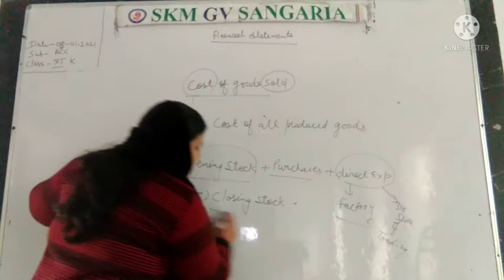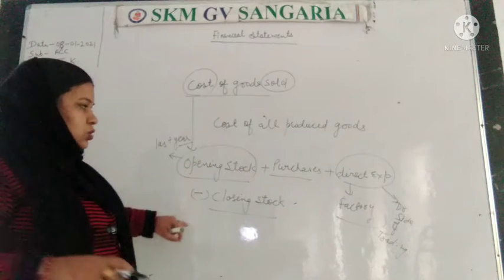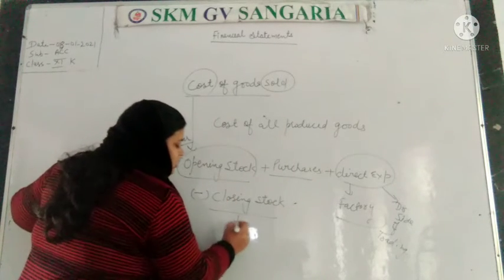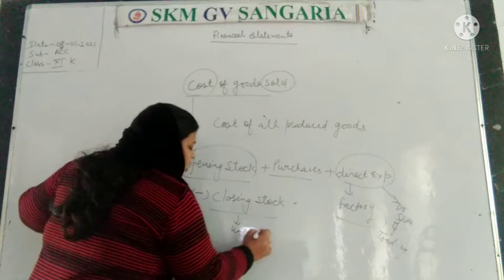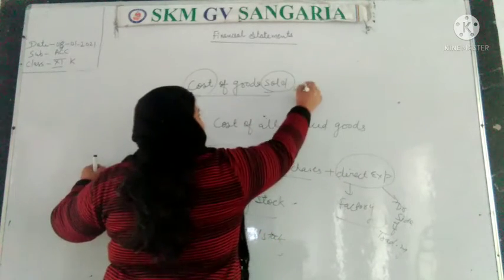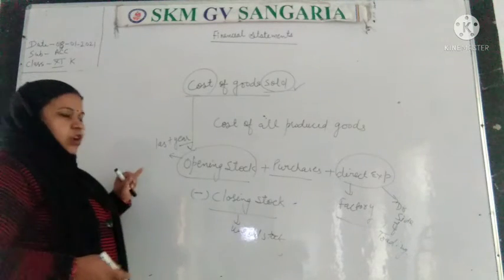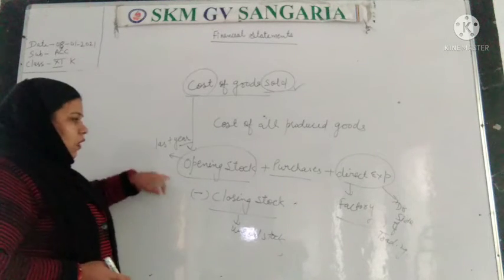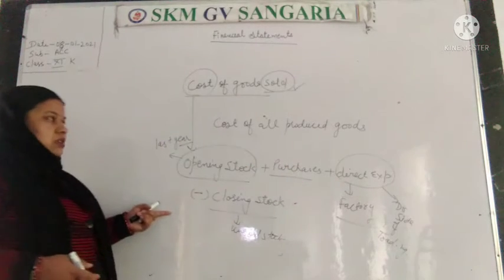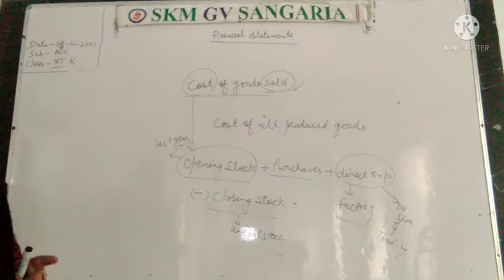Okay, then we will deduct the closing stock. मतलब जो स्टॉक हमारे पास बच चुका है उसको हम लेस कर देंगे क्योंकि इसको तो हमने सेल ही नहीं किया है. Because closing stock is the unsold stock and we are calculating the cost of the goods which have been sold, जिनको बेचा जा चुका है. ठीक है, this is the formula for calculating cost of goods sold. What is the formula? Opening stock plus purchases plus direct expenses minus closing stock. Okay, so this was the first terminology.